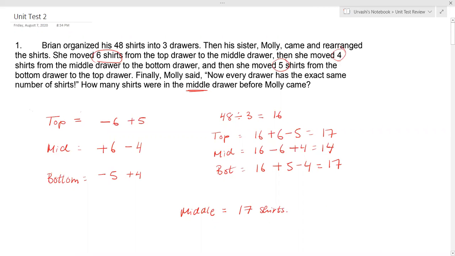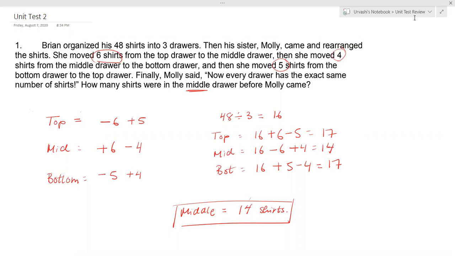So then 14 is the middle shelf, and then 16 minus 5 plus 5 minus 4 equals 17. So the middle drawer is 14. Or 4, right. Thank you, Will.